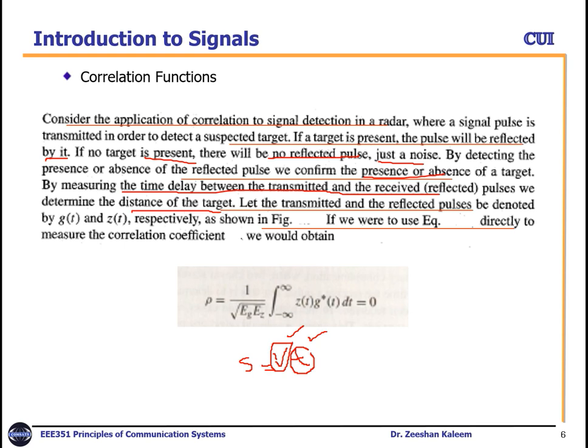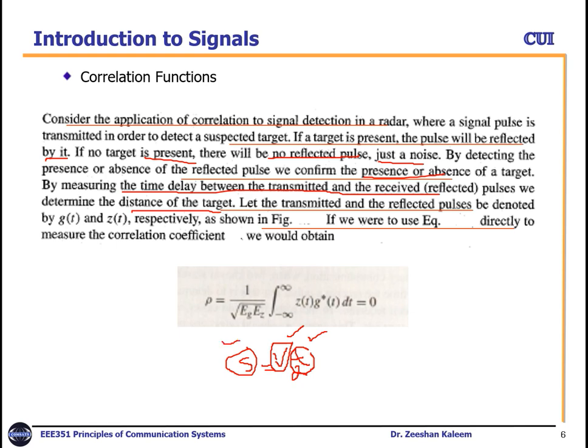After, for example, 10 seconds, we get the pulse. Usually there is a 2, because it will cover twice the distance, going and coming back. So if we know both of them, then we can calculate the distance. So we confirm the presence or absence by measuring the time delay between the transmitted and the received pulses. We determine the distance S of the target.